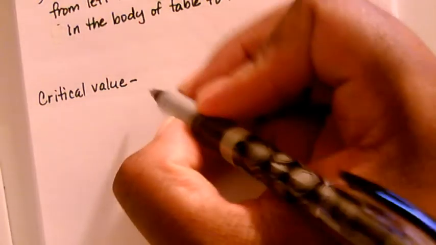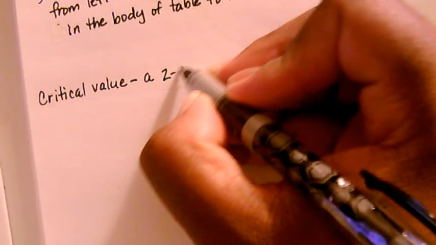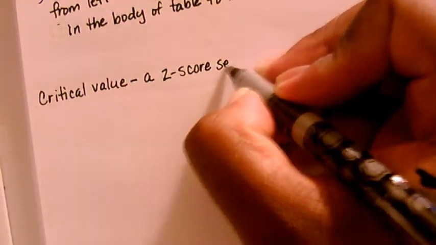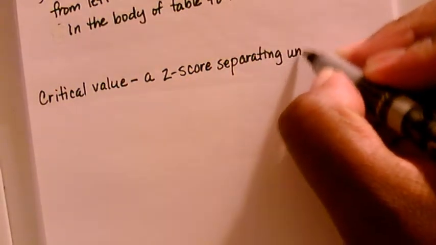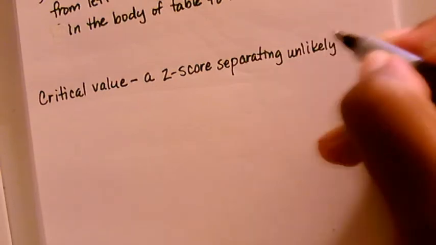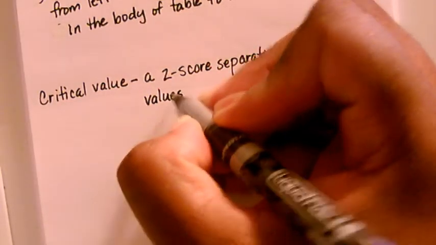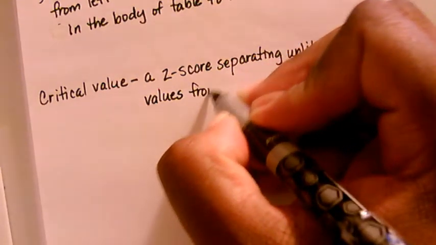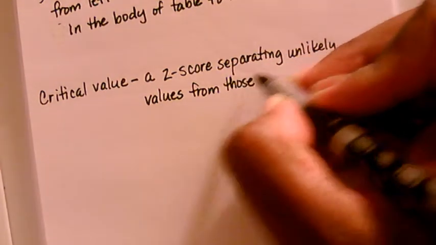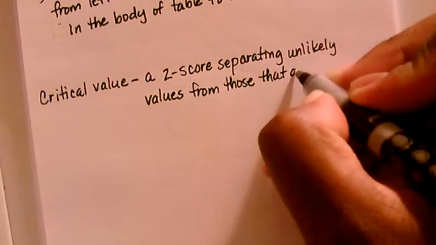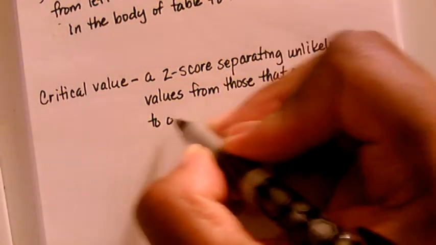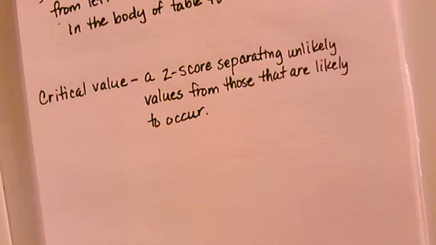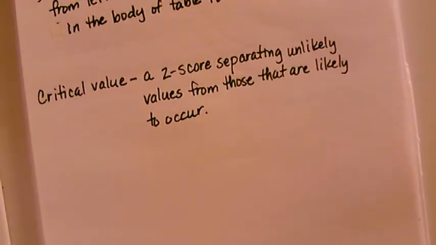A critical value is a z-score separating unlikely values from those that are likely to occur. It is a z-score. It separates the values that are unlikely to occur from those that are likely to occur.